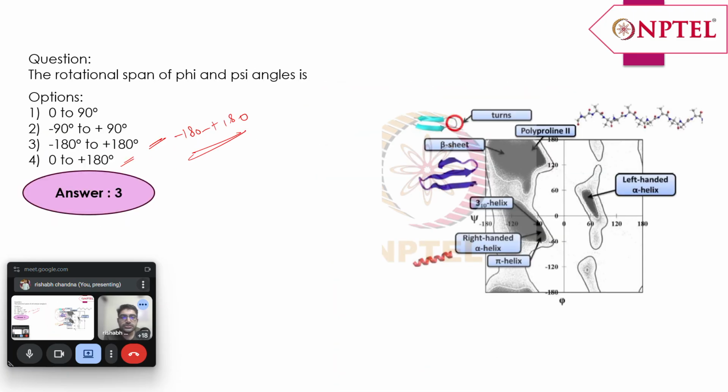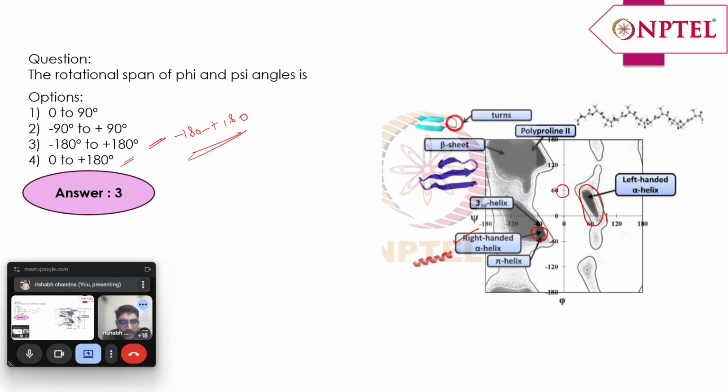So these are the regions that are seen in the Ramachandran plot. This region is a left-handed alpha helix. This region is between plus 60 and plus 100 of the phi angle, and 0 and 60 degrees of the psi angle. This region corresponds to the right-handed alpha helices.